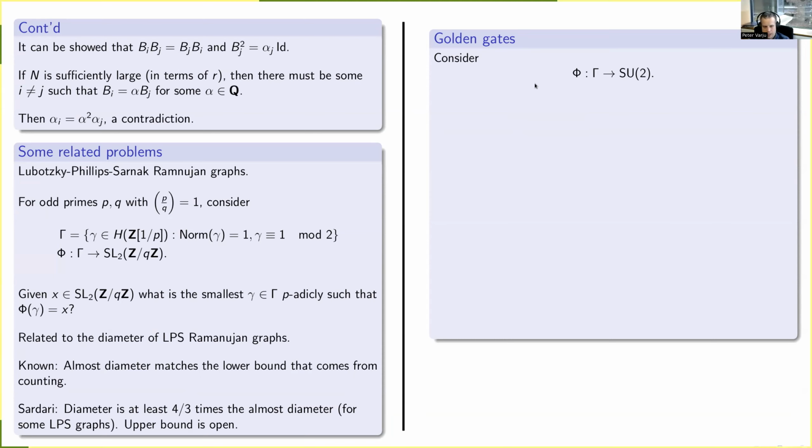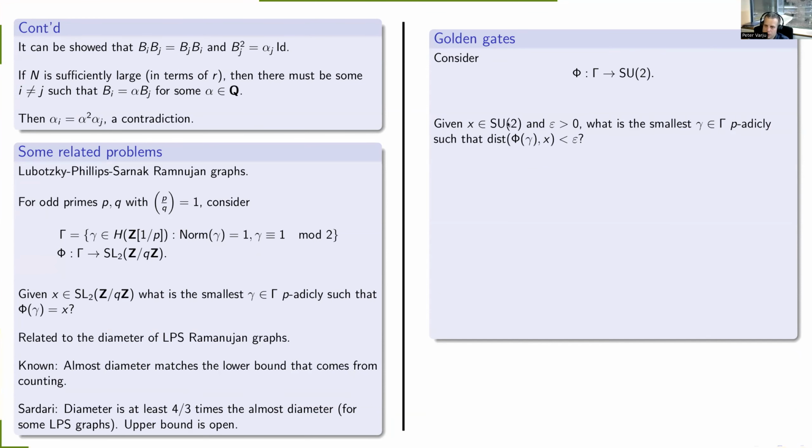But now, instead of projecting modulo q, you embed it into the real points of the unit quaternions, which is isomorphic to SU2. And then you can ask the question: if somebody gives you an element x of SU2 and some epsilon, what is the smallest gamma, in the sense of the p-adic absolute value, such that the distance between gamma and x is smaller than epsilon?